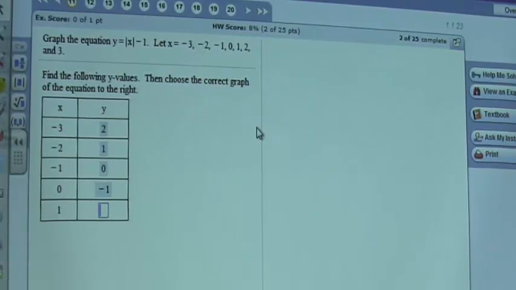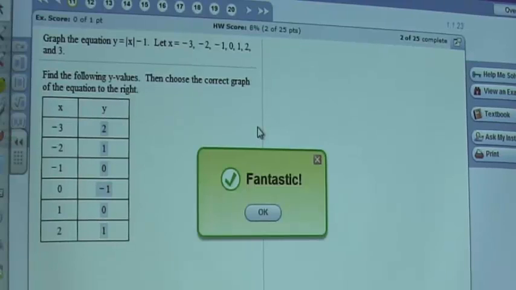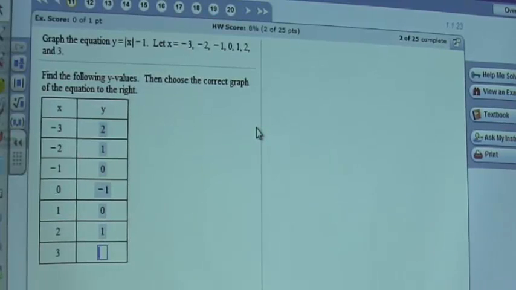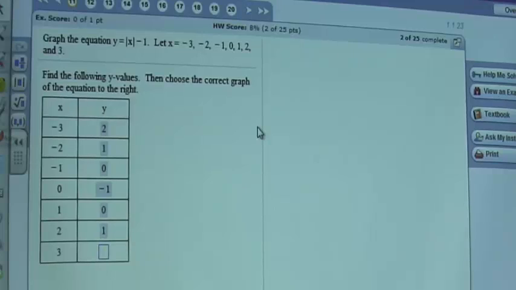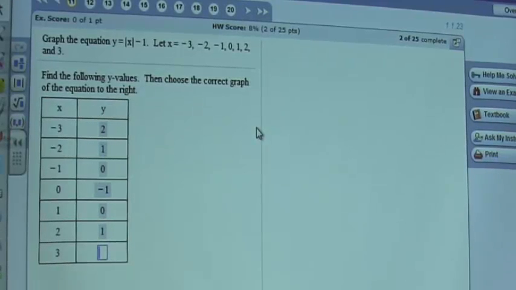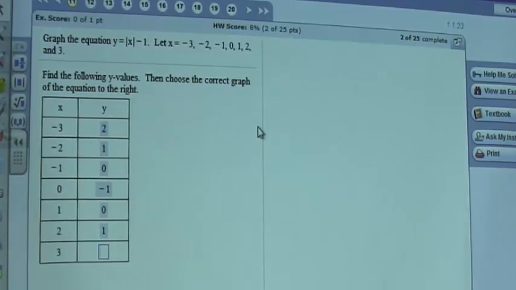Minus 1 is 0. The absolute value of 2 is 2. 2 minus 1 is 1. Notice we're beginning to repeat some values from above. And the absolute value of 3 is 3. And 3 minus 1 is 2.